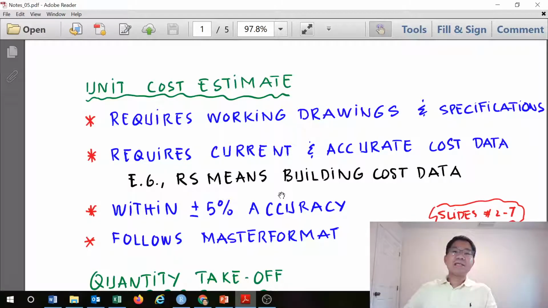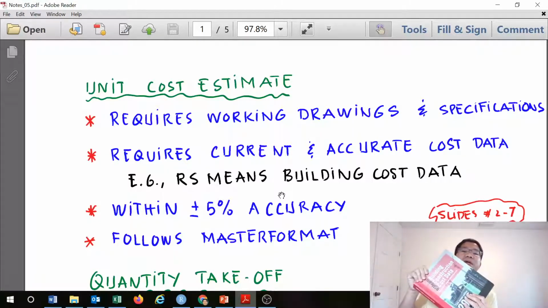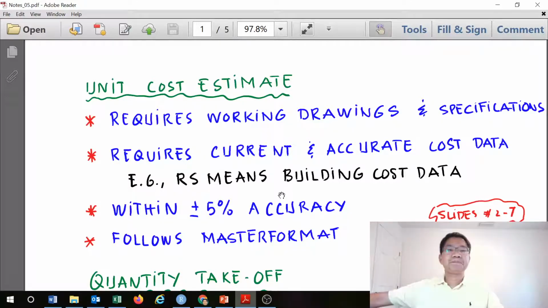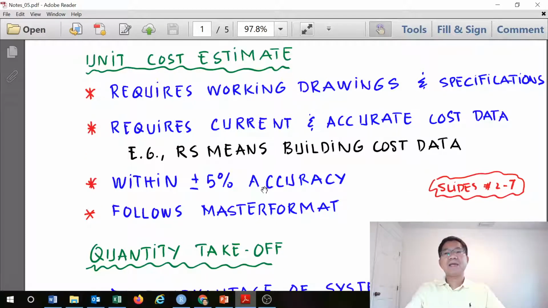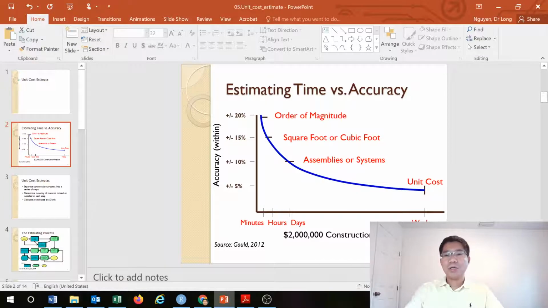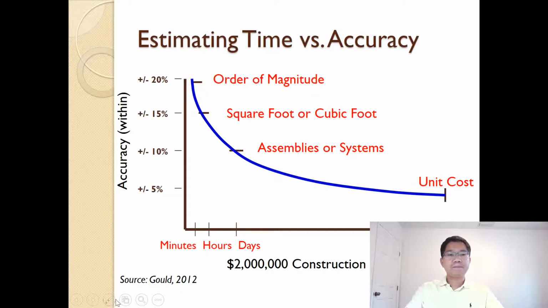But for our class, we use the RSMeans building cost data to determine the unit cost for each item, within plus or minus 5% accuracy, as I mentioned earlier, and following MasterFormat. Let me talk about that in a minute.